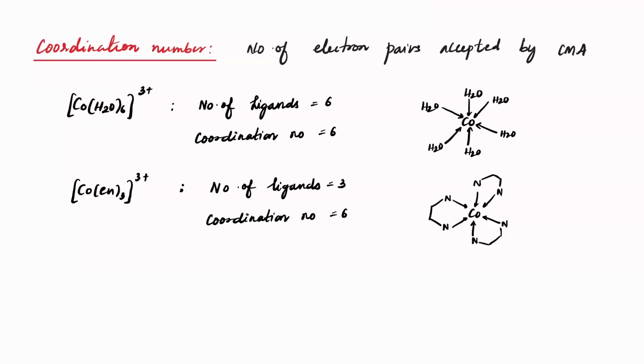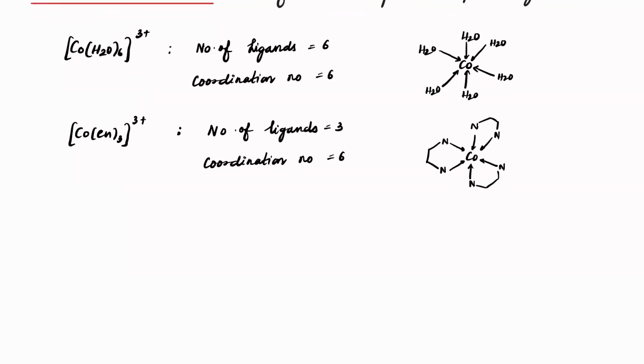If a ligand is only giving one connection, we call it a monodentate ligand. If it gives 2 connections at a time, we call it a bidentate ligand, right? Anything which gives n number of connections, we call a polydentate ligand. Anything more than one connection is always called a polydentate ligand.